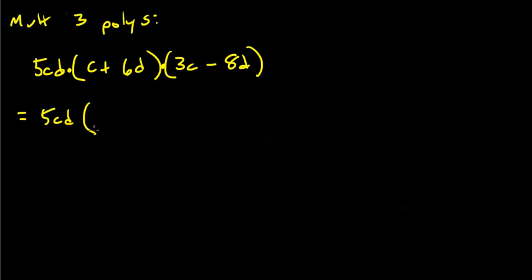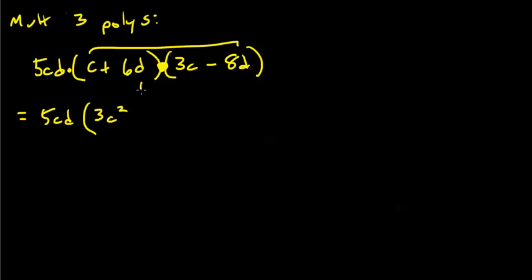Alright, let me see if I can do this in my head. I'm going to multiply this binomial product first. I'll get 3c squared for my first product. The outer product is going to be minus 8cd.